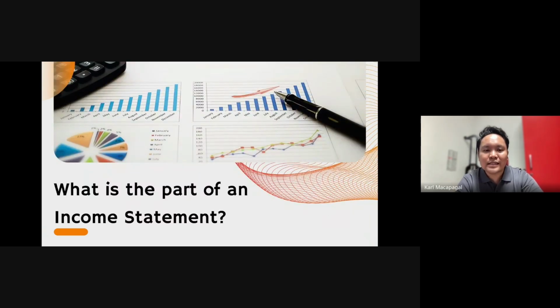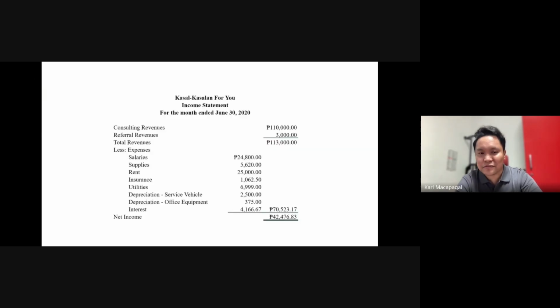Now, what are the different parts of the income statement? Okay, so this is the good form that we are talking about. All of those you can see on the screen, the revenues and expenses, are actually extracted from our worksheet. Now, take note of the different parts of our income statement.